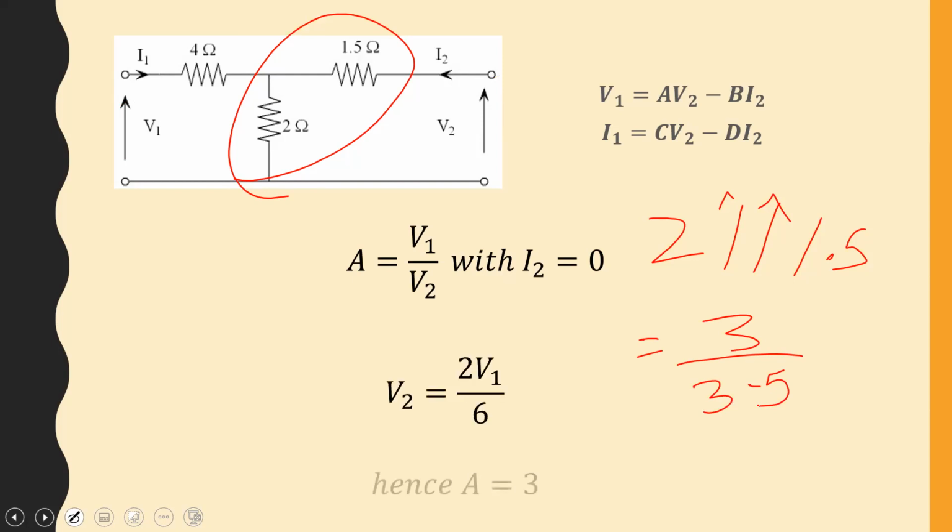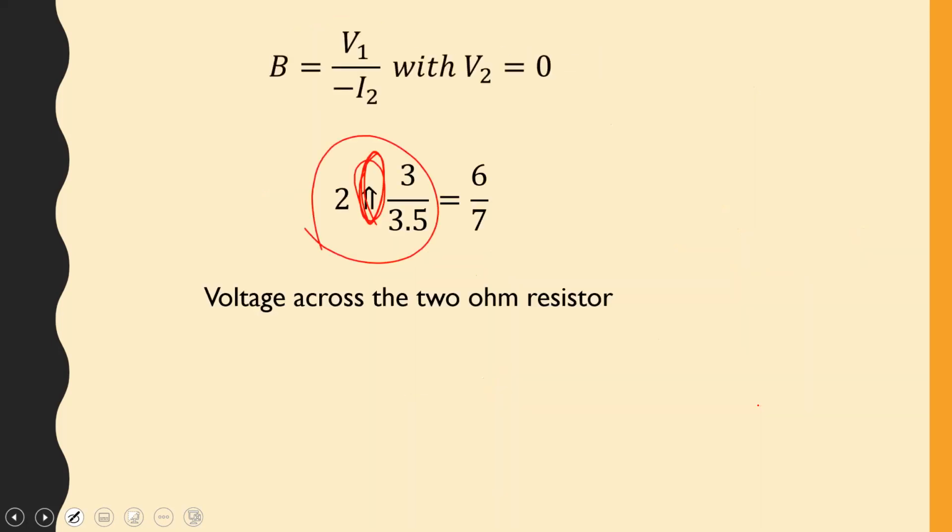The error on the slide is that this is supposed to be 2 in parallel with 1.5, which is equal to 3 over 3.5, which is equal to 6 over 7.